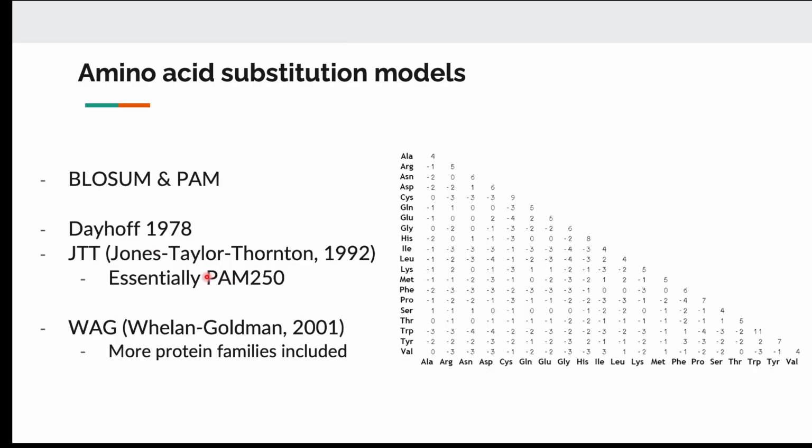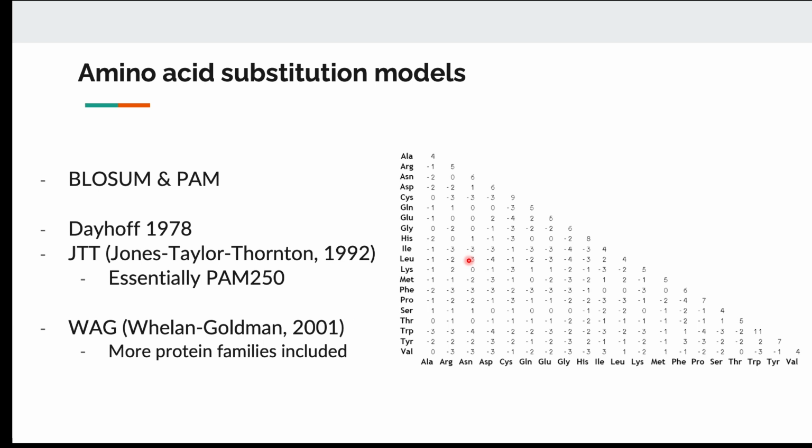So if you see the JTT option in any phylogenetics software, you can think of it as similar to PAM applied 250 times. And if you see a model called WAG, developed by Whelan and Goldman, this is similar to BLOSUM. So they take protein families that have a certain degree of similarity, conservation, and they calculate the probability of seeing a change from one amino acid to the other. And they use those frequencies that occur in nature to populate their score table.